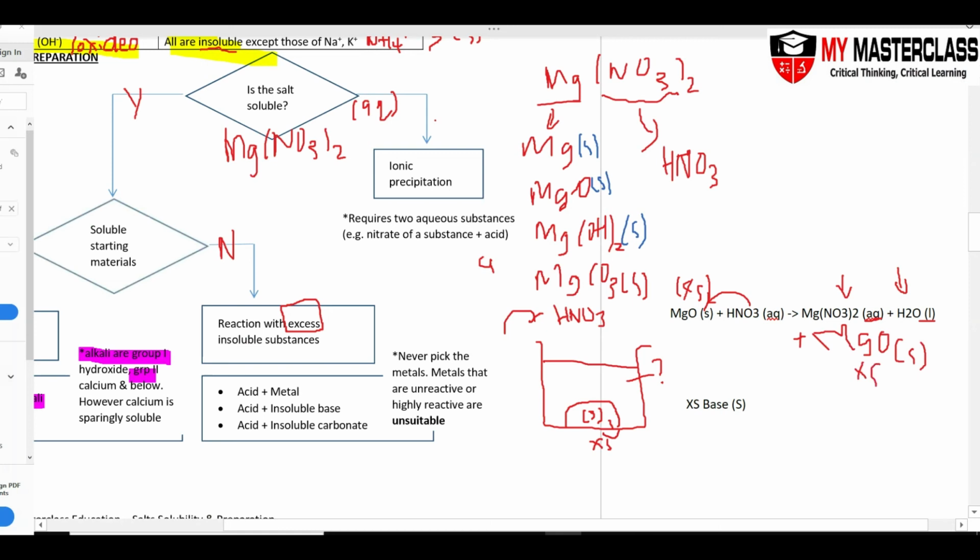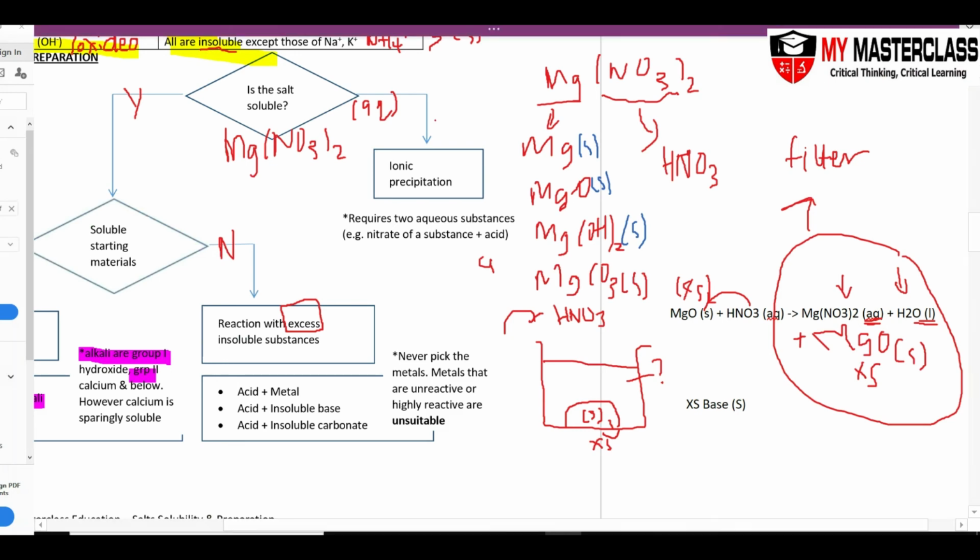Why? Because it's in excess. Okay, so now you have an aqueous solution, you have water, both liquid state, and you have a solid. So your remaining solid, you can filter easily. Once you filter it away, I will be left with magnesium nitrate and water.